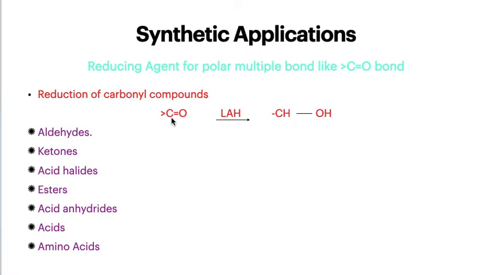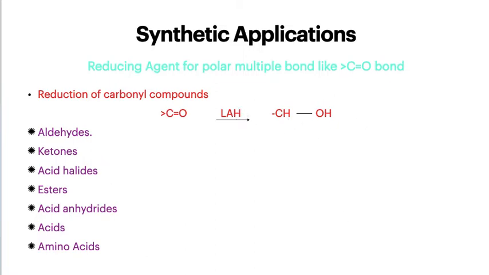There is the reduction of the double bond to a single bond and addition of two hydrogens, one towards the carbonyl carbon and another towards the carbonyl oxygen. The carbonyl group is present in aldehydes, ketones, acid halides, esters, acid anhydrides, acids and amino acids. On reduction with lithium aluminum hydride, it forms the alcohol.